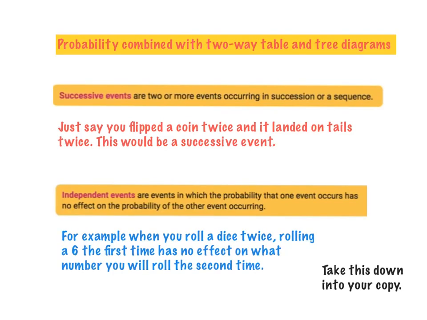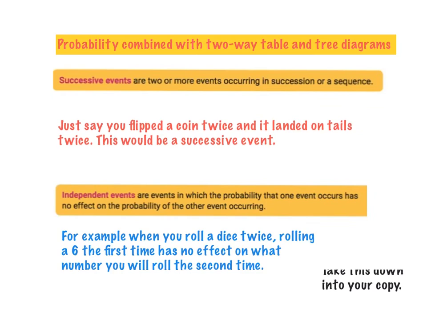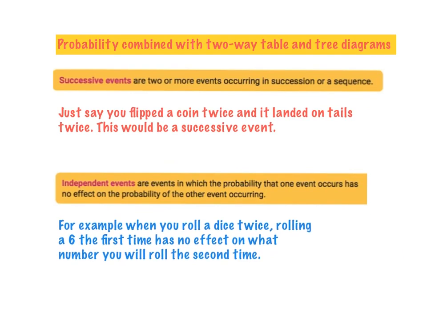Okay, so before we start doing some questions, I want us to have a look at 2 definitions. So the first definition is successive events. And successive events are 2 or more events occurring in succession or a sequence. So an example of a successive event is, just say you flipped a coin twice and it landed on tails both times.